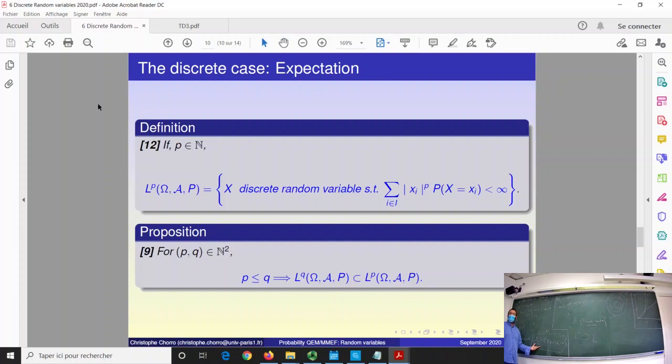If I take p equal to 1, it implies that the sum of the absolute value multiplied by the probability that X is equal to xi is finite. So I have, okay, L1 is a set of discrete random variables fulfilling one particular condition. Okay? L0 is the set of all of them, all the discrete random variables. So if I am a discrete random variable and I fulfill a particular condition, I am included in the set of all of them.